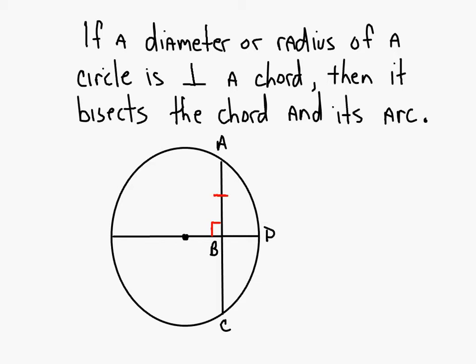So segment AB would be congruent to segment BC. And arc AD would be congruent to arc DC. If a diameter or radius is perpendicular to a chord, then it bisects the chord and the arc. Any questions?